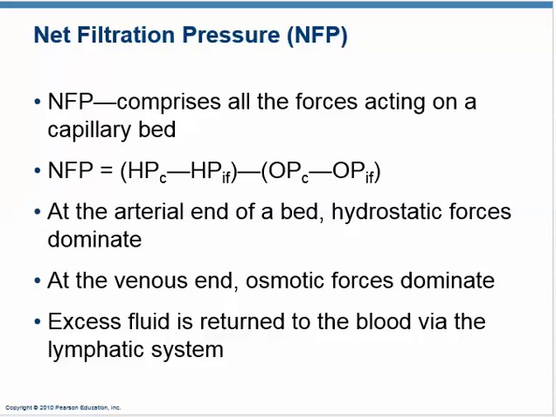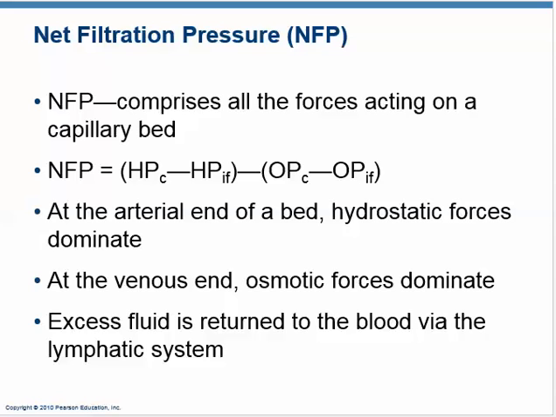So that's the osmotic pressure of the capillaries due to the albumin, minus the osmotic pressure of the interstitial fluid. So it's about 26 minus 1, so it's about 25. At the artery end, where the arteriole is, the hydrostatic forces are bigger than the osmotic forces. So it's about 35 versus about 25. So the net filtration pressure at the arterial end is about 10.